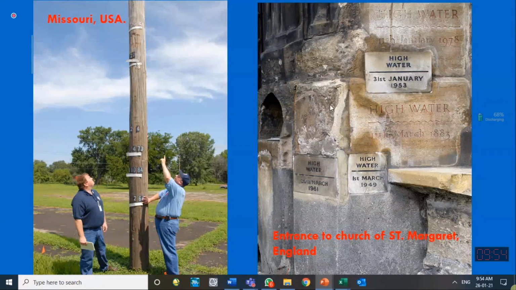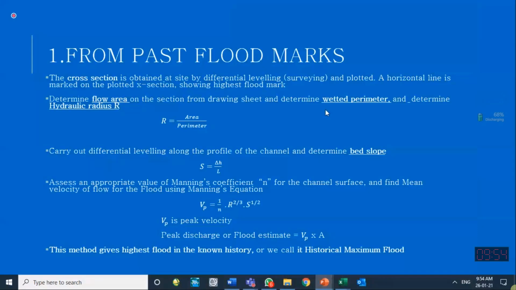Some people have marked the floods on important structures which are not prone to damage. For example, the right-hand side figure is the entrance of a church in England, and they keep a permanent record of the floods in that area. Highest flood recorded in 78 up to this level. So these flood marks are quite important information.